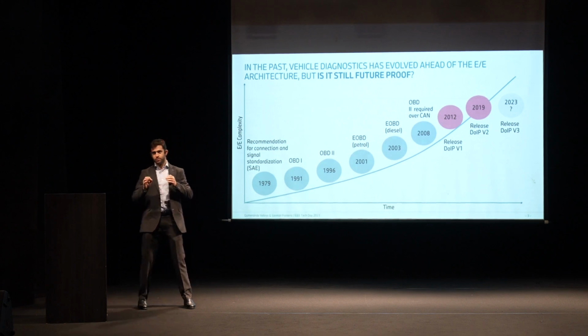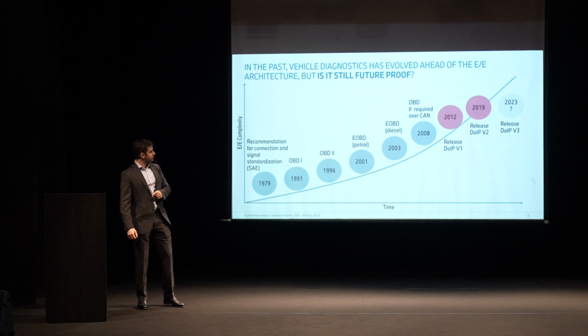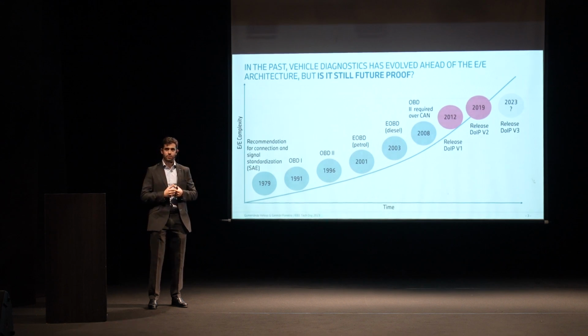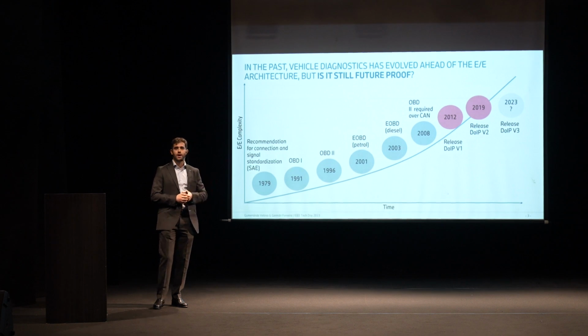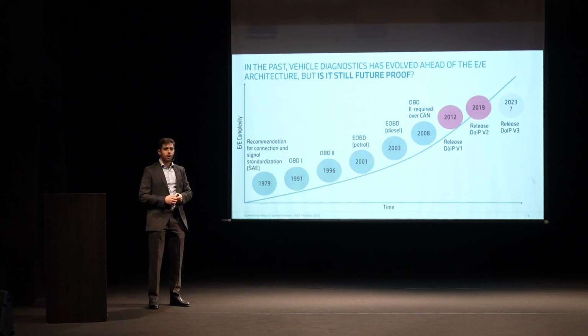And then in 2012 occurred a major change. The first release of the DoIP came, and it was the vehicle diagnostic communication over Ethernet, which was based also on the HSFZ protocol of BMW. And then in 2019, the current release of DoIP was released.